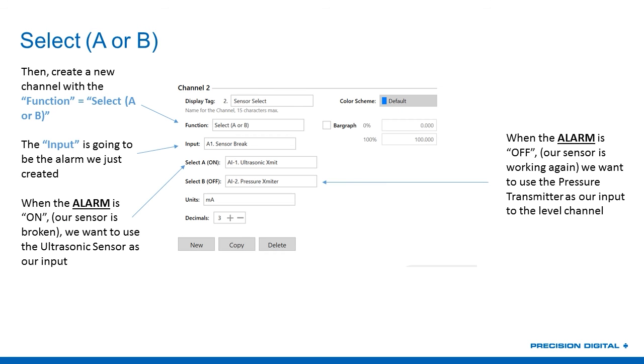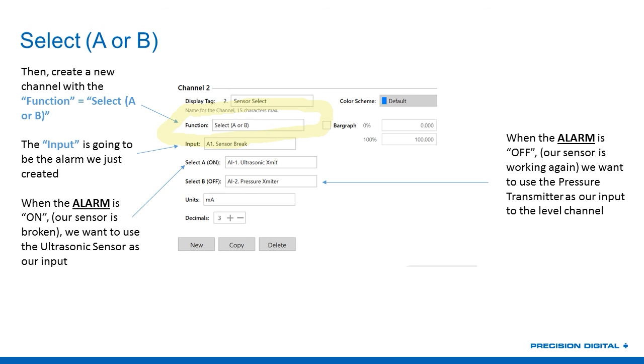So then we have to create a channel that's actually called Select A or B. You find that function. I think it's in the scale category. You make that the function. Now we want our input to this to be that alarm.